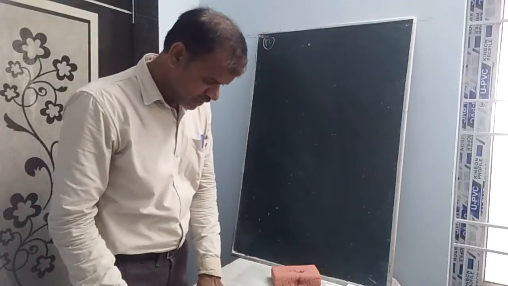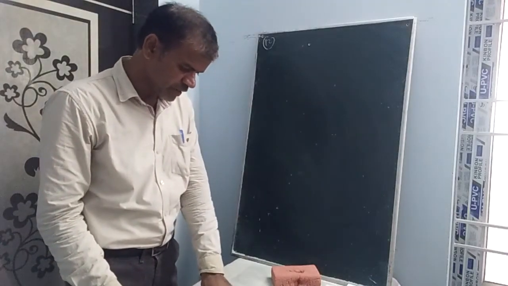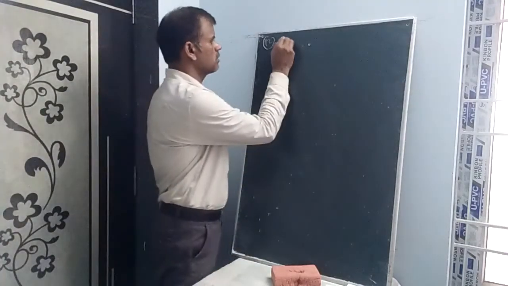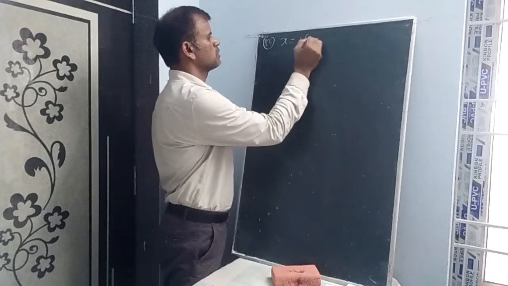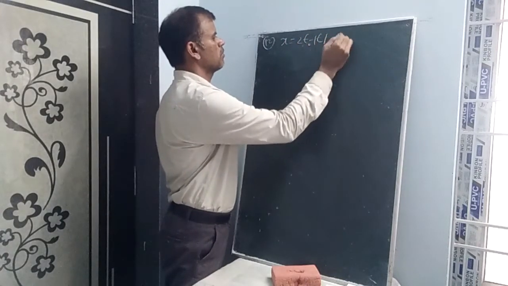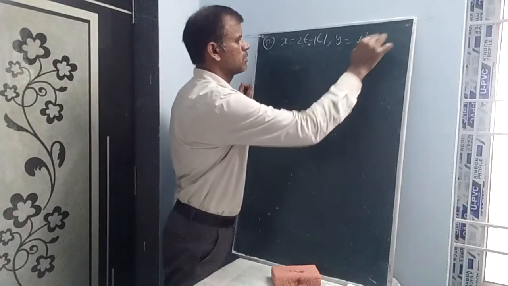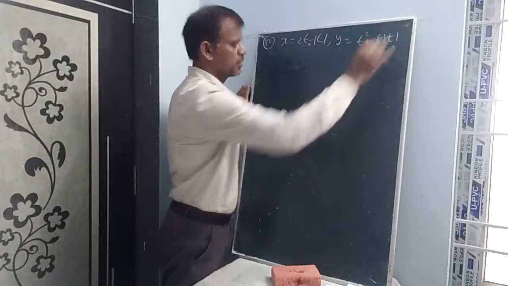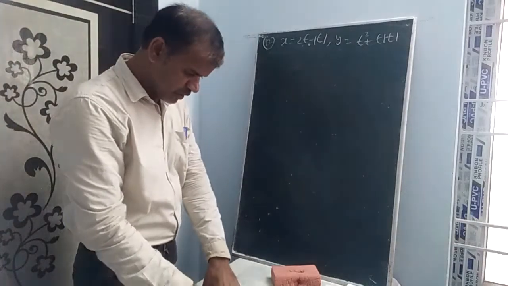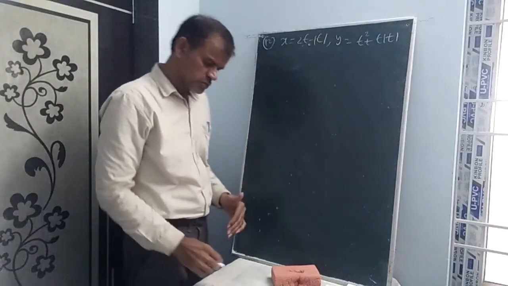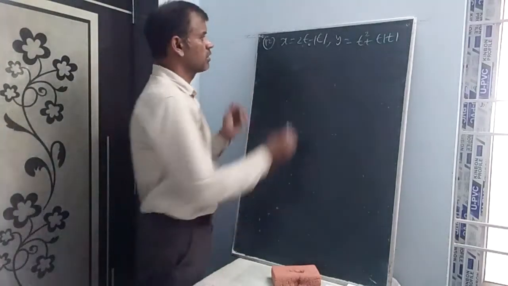12th one: a function y equal to f of x defined by x is equal to 2t minus mod t, y is equal to t square plus t mod t, where t belongs to R. According to the options, we should verify using x and y.